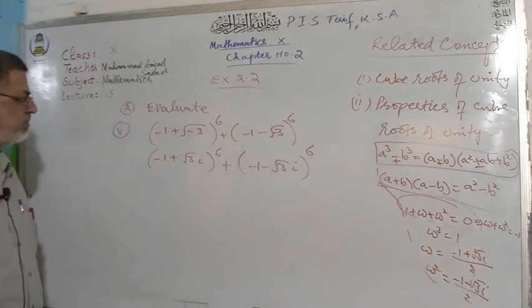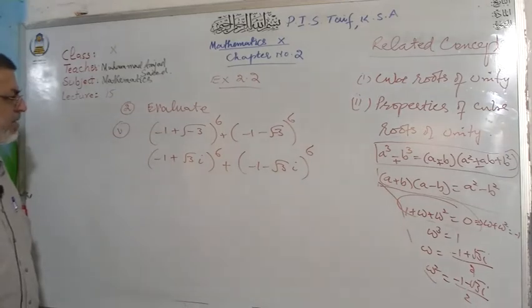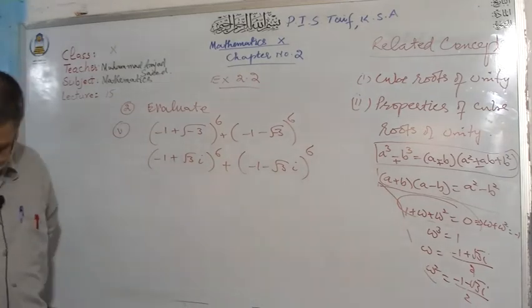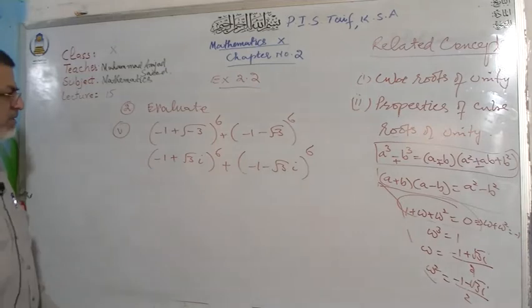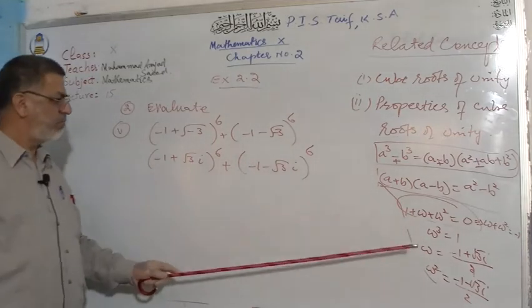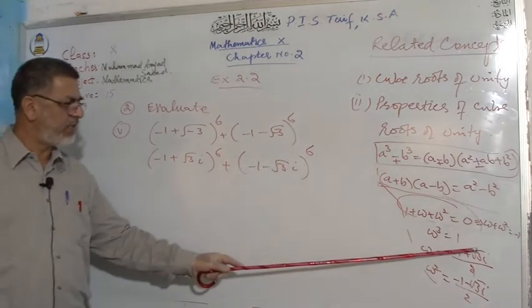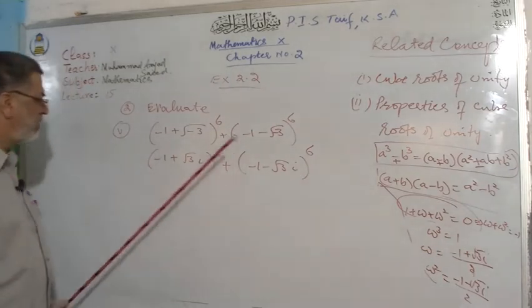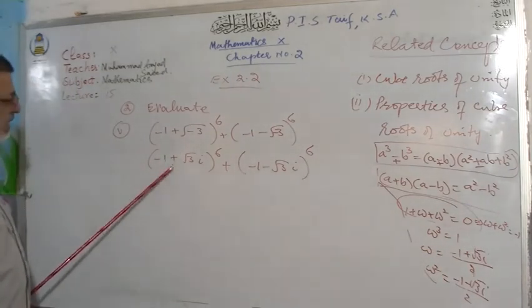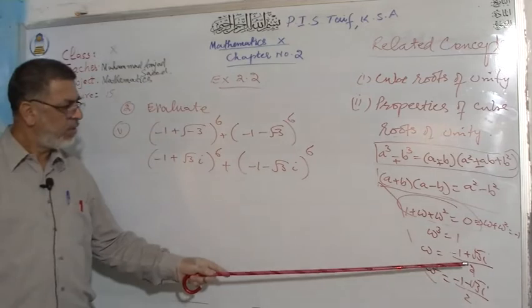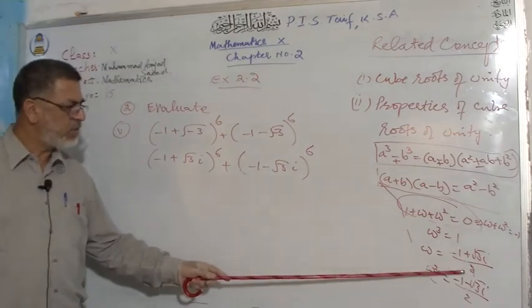Now, you can check here, minus 1 plus 3 under root iota over 2. This 2 is missing.